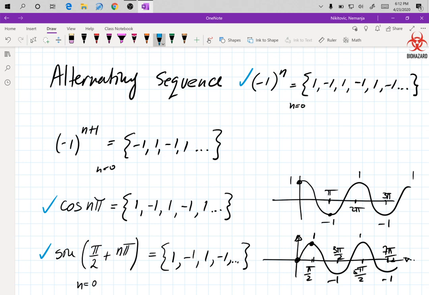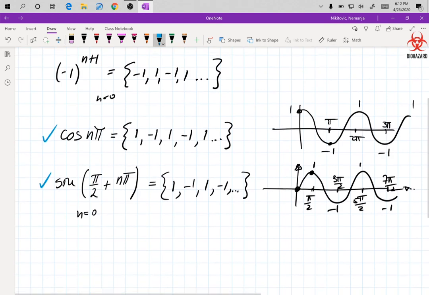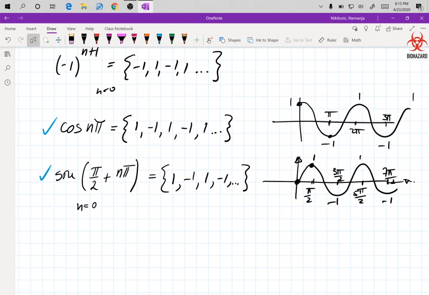And very important, these sequences are bounded, but they are not convergent, because the limit as n goes to infinity does not have a finite value.